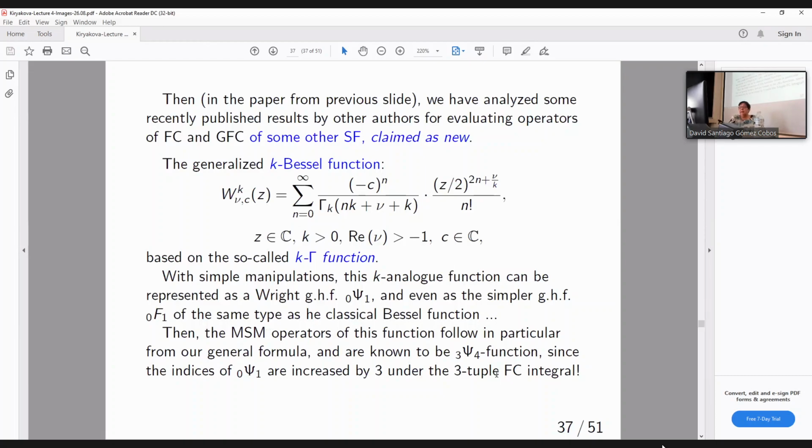For example, if we take a function with k-analog, k-Bessel function, you see here, replace gamma k by gamma, and you get a typical Ψ function with p and q equal to 0 and 1, and you know what to expect after application of any kind of fractional calculus operator.